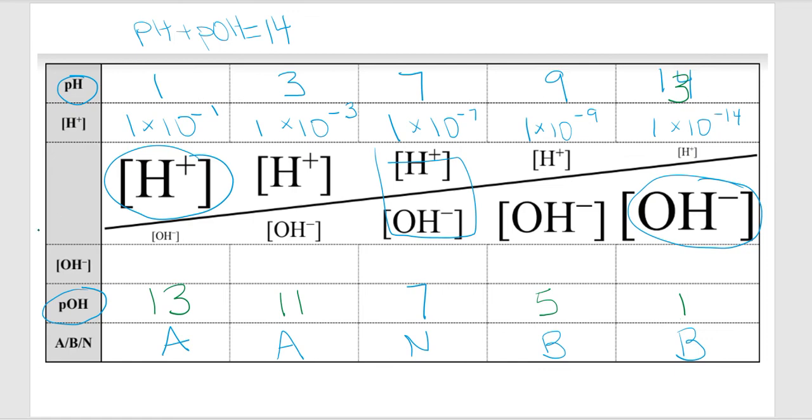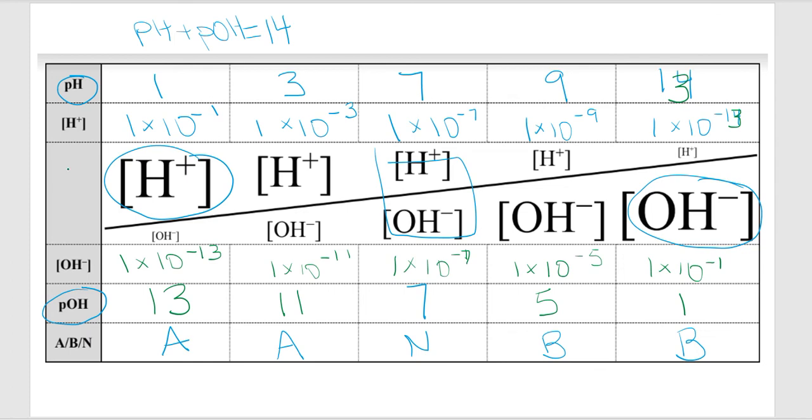I just made up some random numbers, and it's the same idea. You just take 1 times 10 to the negative 13, 1 times 10 to the negative 11, right? It's the same idea as up above, but the opposite. pH is most commonly used because it's easiest to understand: anything less than 7 is an acid, anything more than 7 is a base.